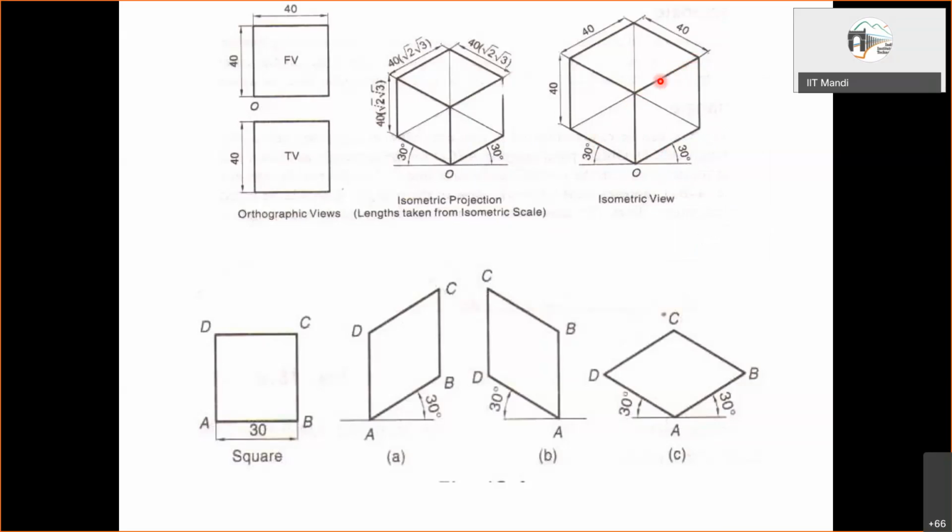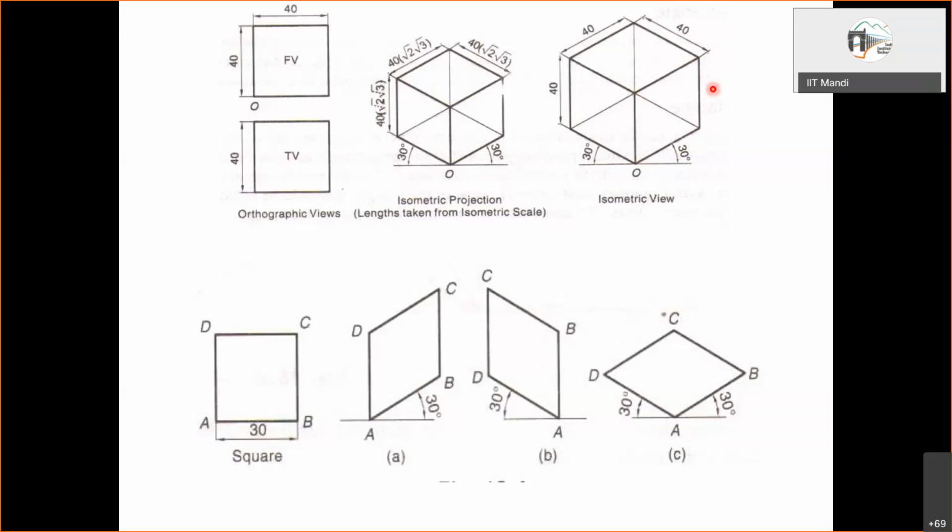In particular, we refer to these 1, 2, and 3 as isometric axes, and anything parallel to these is referred to as an isometric line. So this is an isometric line, this is an isometric line. So these dimensions or dimensional parameters, whatever are available, can actually be measured along these lines, right?